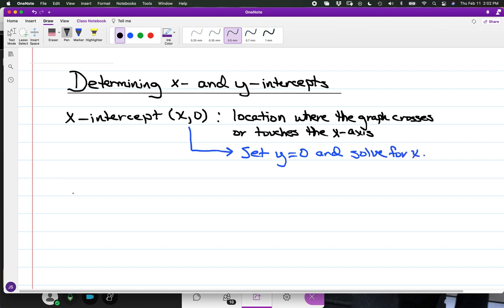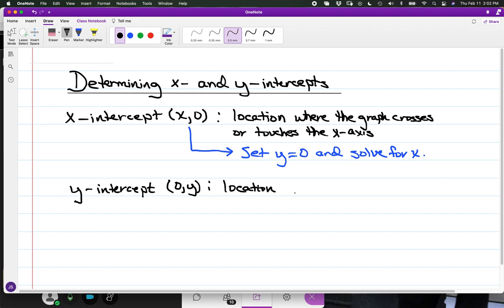In the case of the y-intercept, there's a little bit of an inversion of the language. For the y-intercept, the general coordinates are 0, y. Each y-intercept is the location where the graph crosses or touches the y-axis.